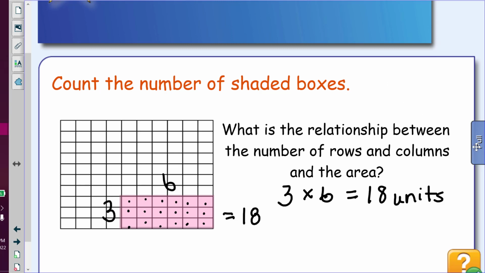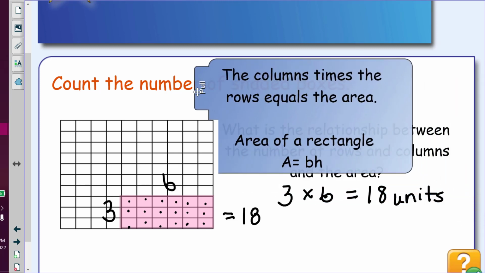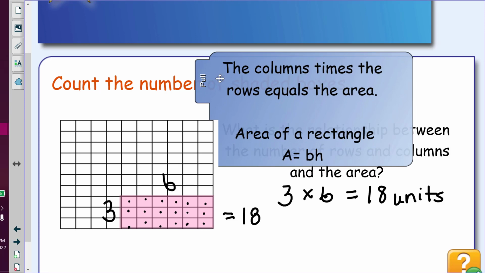So again, a quick shortcut would be just to take the base, which would be what it lays on. This is the base of the rectangle, so that would be our columns, right? Times the height, and the height is the rows, how high it is.